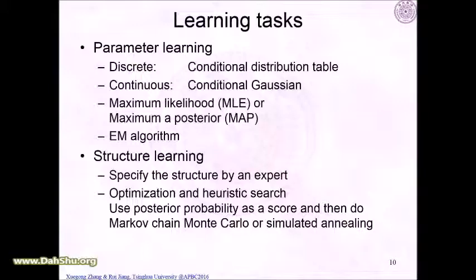So usually, for most of the successful applications, a human expert specifies the structure by domain knowledge. But there have been some studies about how to optimize the structure using some learning task.